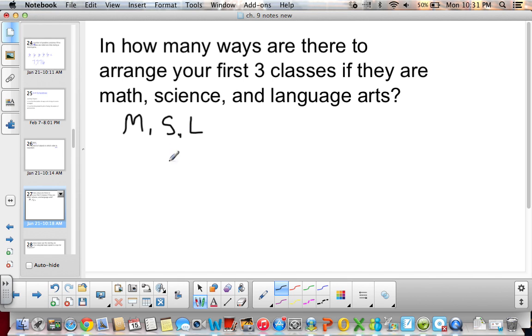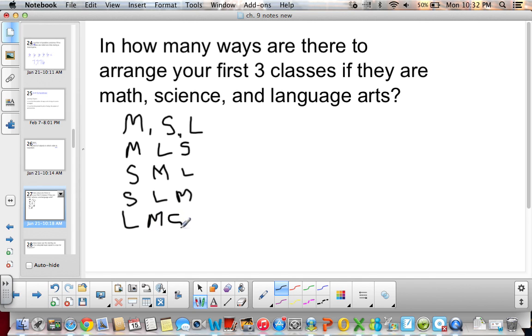So we could have first, second, third, or we could have math, language arts, and science. We could have science, math, language arts, we could have science, language arts, math, and so forth.